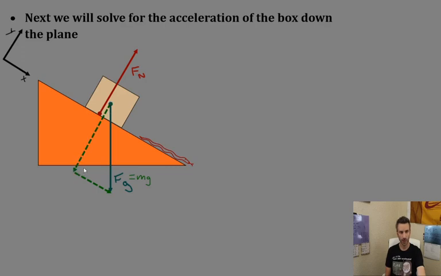So this should be a right angle. Now, typically the angle of the inclined plane will be measured as this angle right here. I could make up an angle, but I'm just going to express it as theta, as always. So I have this other triangle here.